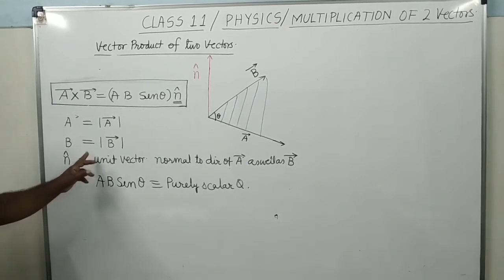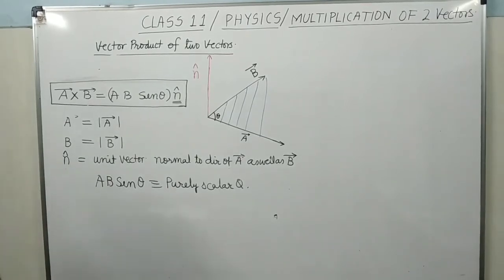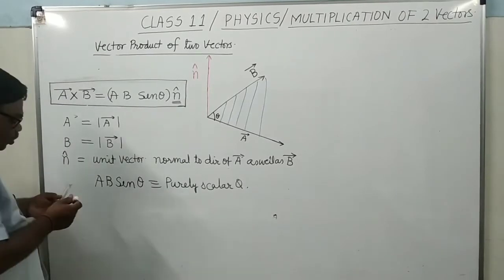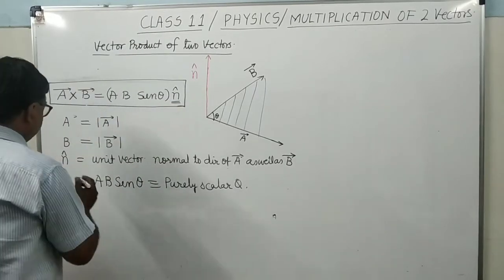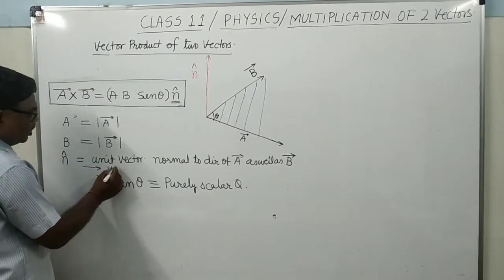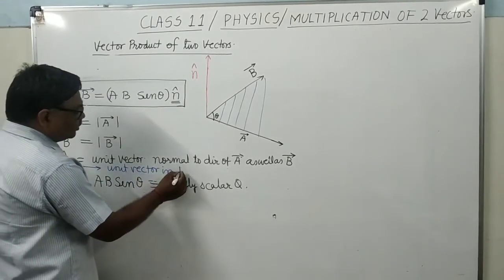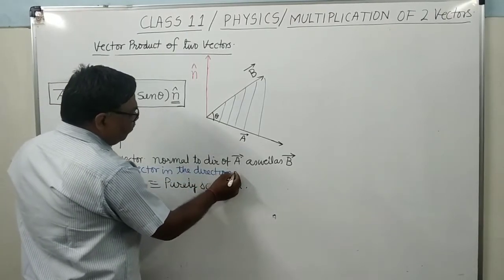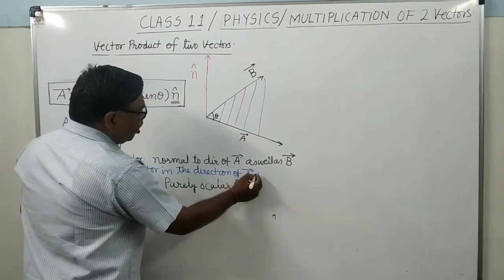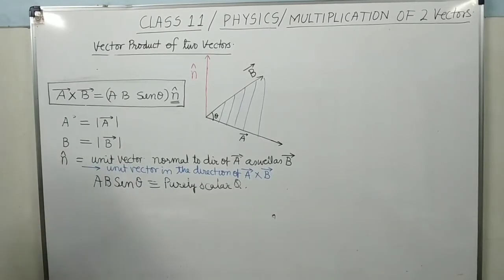It is a unit vector normal to the direction of vector A as well as normal to the direction of vector B. In other words, it is a unit vector in the direction of vector A cross vector B. Means what will be the direction of vector A cross vector B?